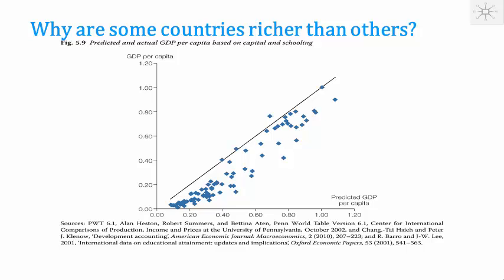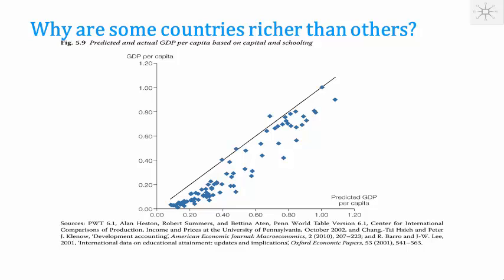We can measure the differences in education by the number of years people have been going to school in the adult population. And we can try to say how much of the income differences can be explained by differences in capital stocks and schooling. And then we get this picture that on the horizontal axis you have the predicted GDP per capita, where you take account of capital stocks and schooling.